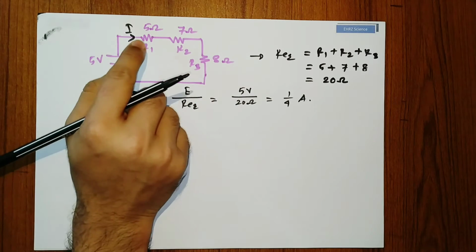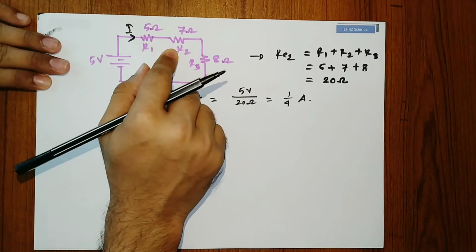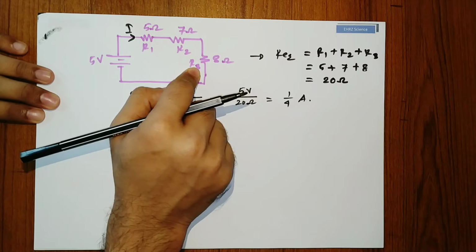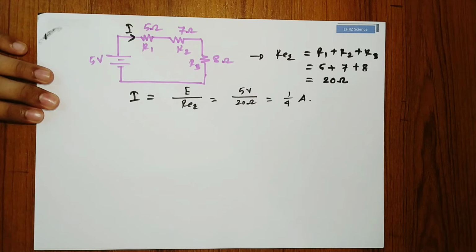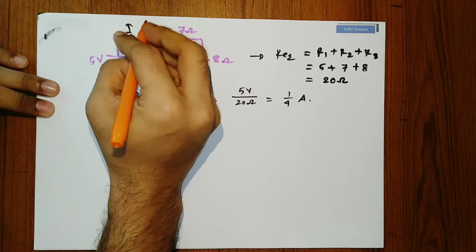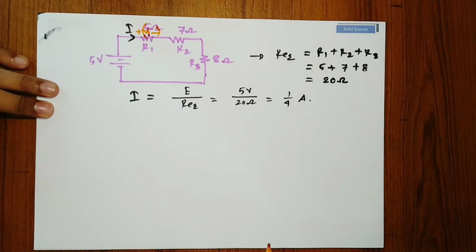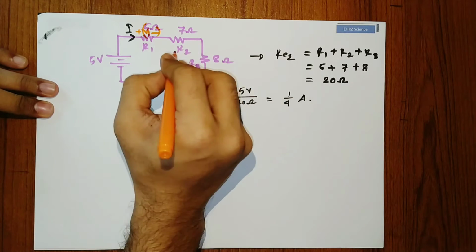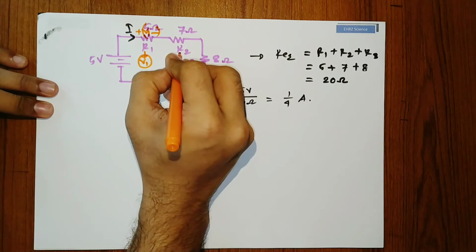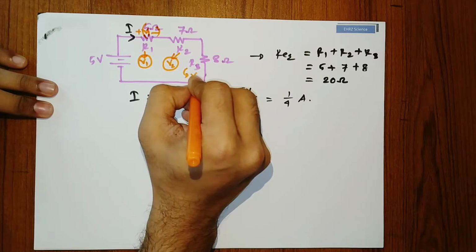Since resistor R1 is a passive component, R2 is a passive component, and R3 is a passive component, there will be some potential drop in these three resistors. Suppose the potential drop in R1 is V1, the potential drop in R2 is V2, and the potential drop in R3 is V3.